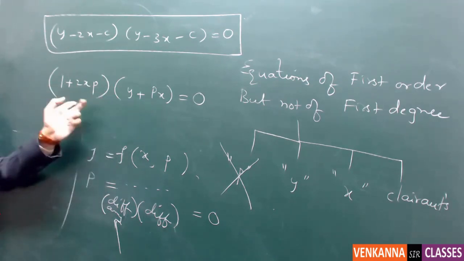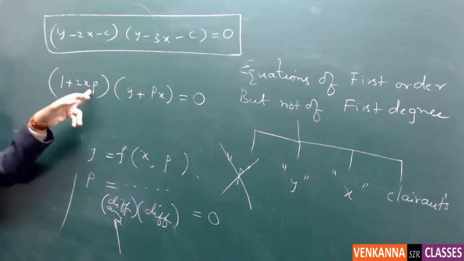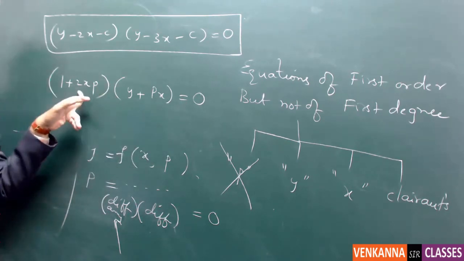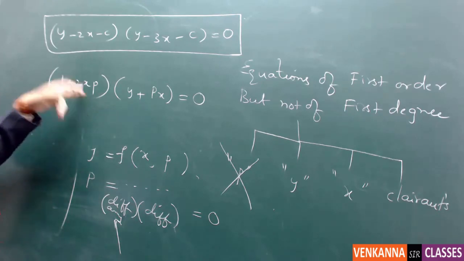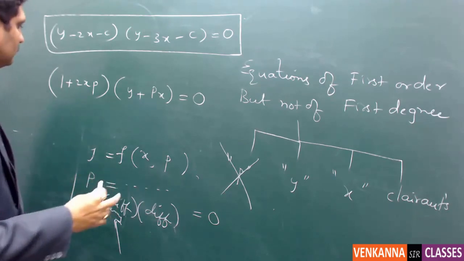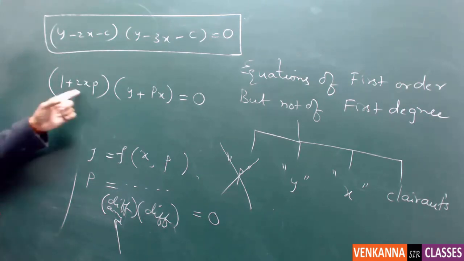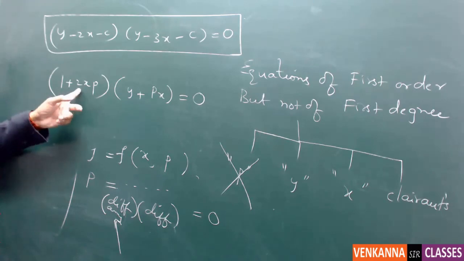So a product of two things happened. This value is equal to 0 and this value is equal to 0. From this, what will be the value of p?